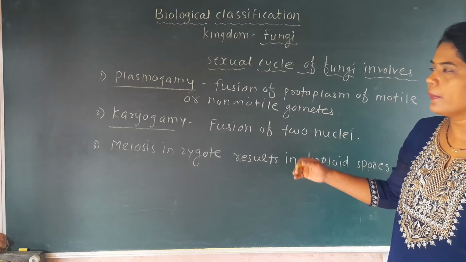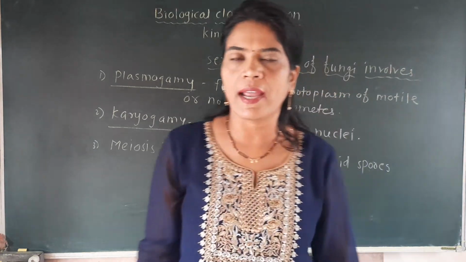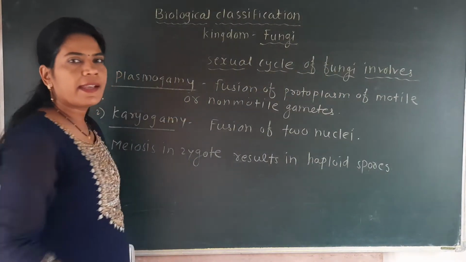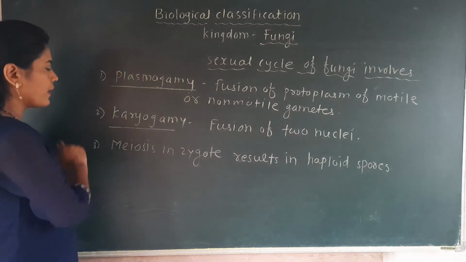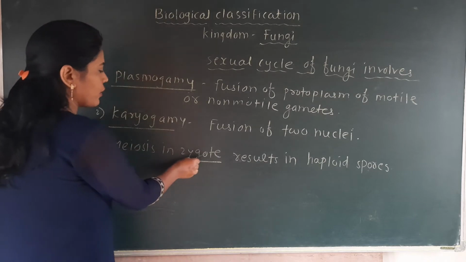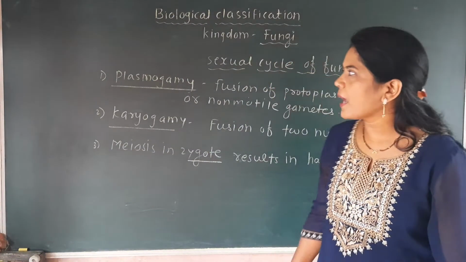It means how the sequence of the sexual reproduction takes place in fungi. First event of the sexual reproduction is plasmogamy. Second event is karyogamy, and third event is that there will be zygote formation. So you should know what it means by plasmogamy. Plasmogamy means what?